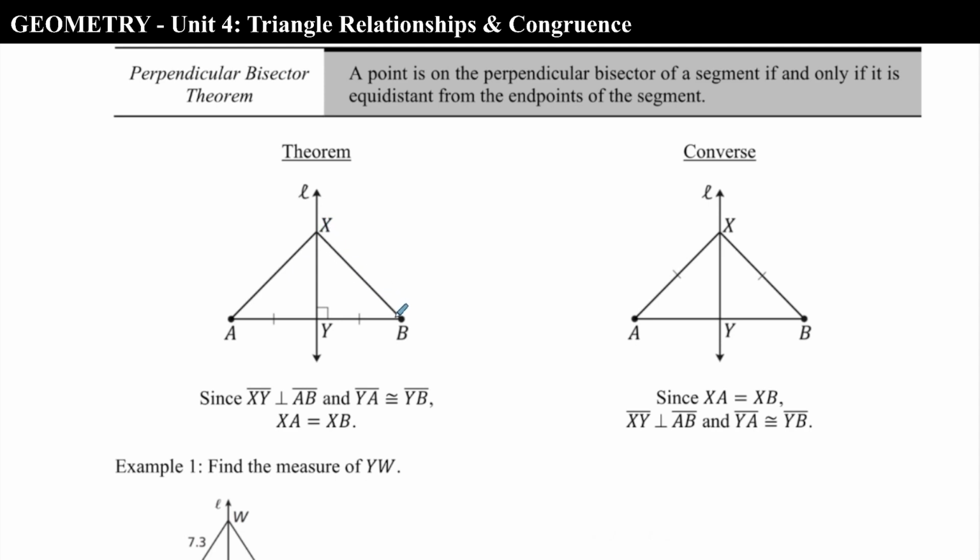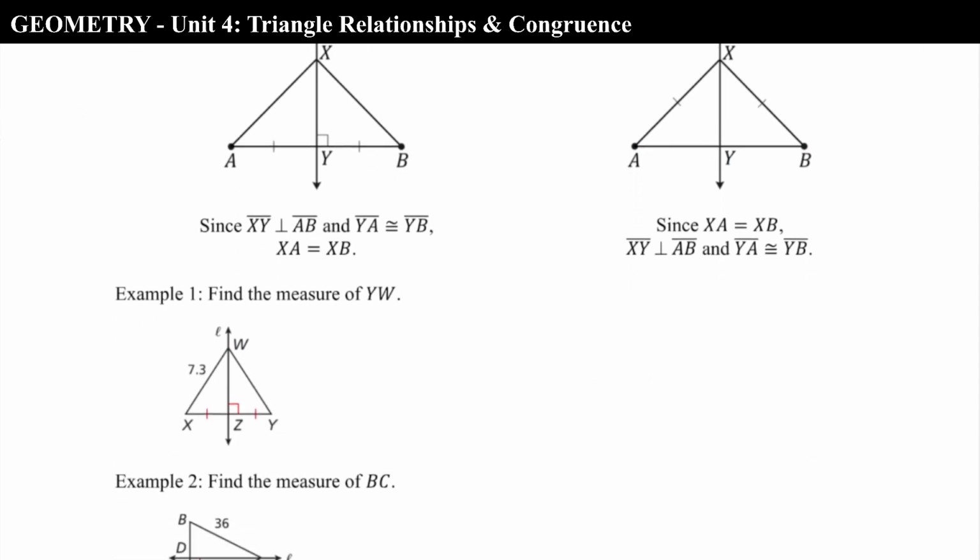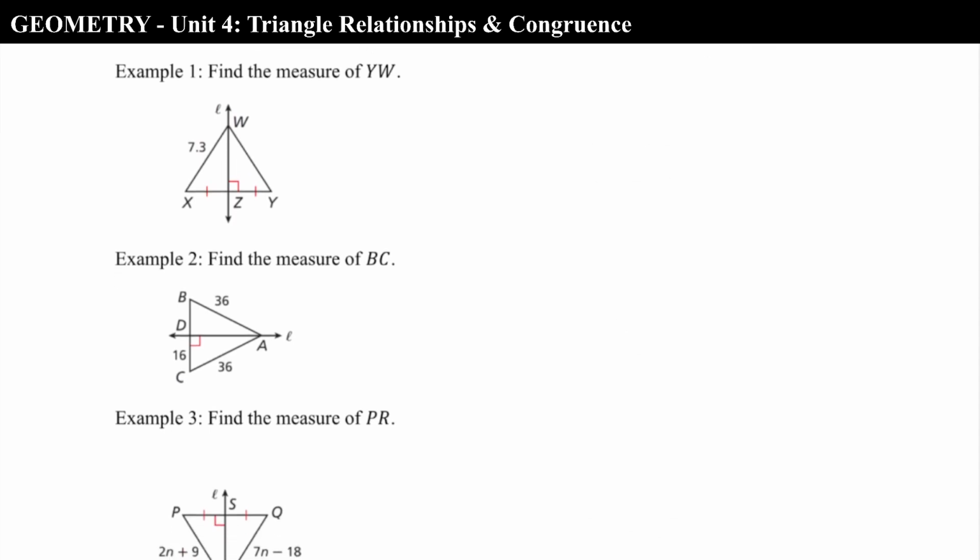You can say the opposite as well. If XA and XB are the same measure, then you have a line, XY, that is perpendicular to AB, and YA is congruent to YB. So, how do we use this? Let's show some examples so you can see how this is used.